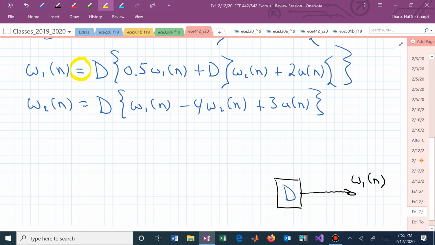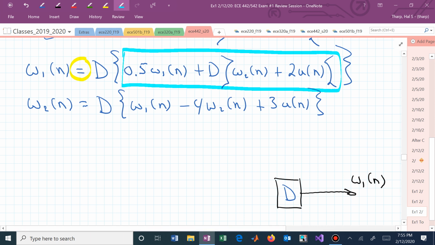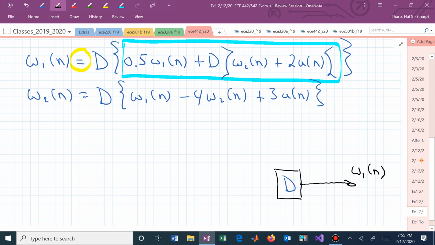That's the D. And what's the input of the delay block? That's all of this. So now that delay block needs to have, as its input, the output of that summing junction.